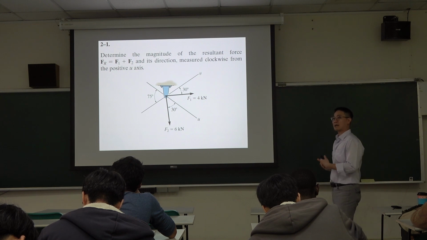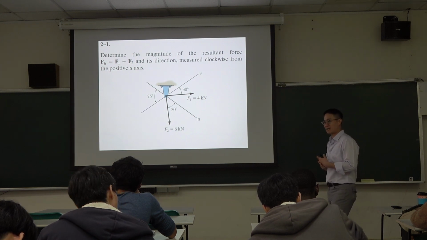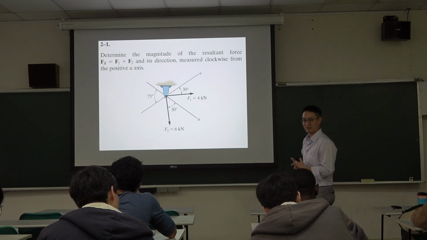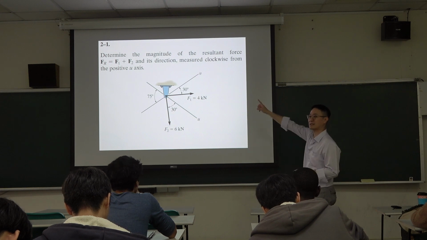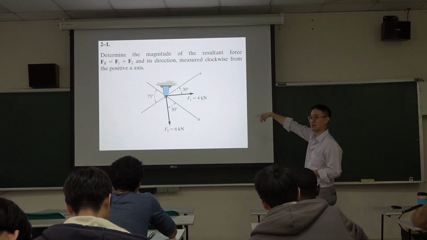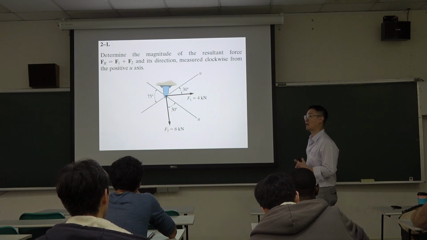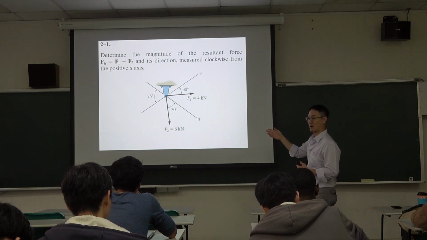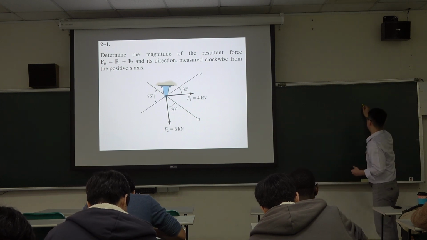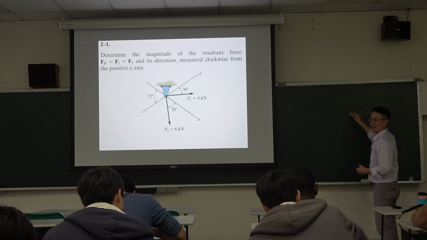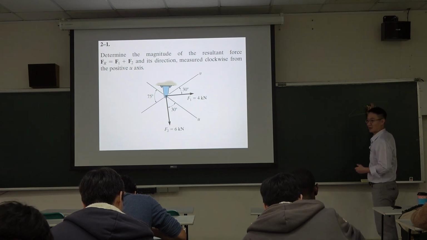Okay, I believe you learned the cosine law and sine law. Because they are not perpendicular to each other, we should apply sine or cosine law. As long as they form a triangle, depending on the information, we can apply sine and cosine law.